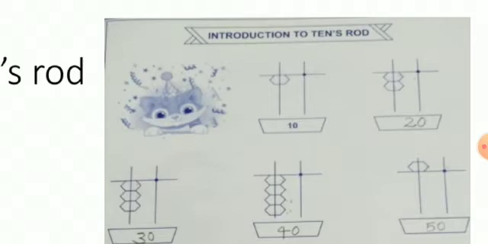If we take the next question, no bead is there in ones place, and we can see two beads in tens place. So the value of one bead is 10 and the value of another bead is also 10. So 10 plus 10, the answer is 20.